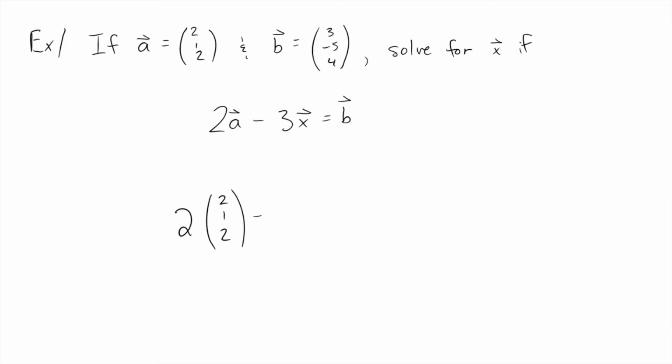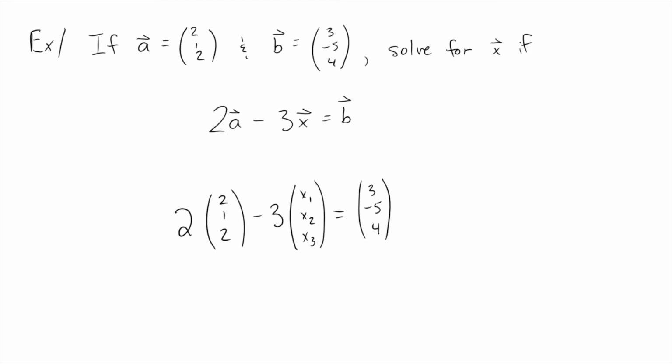And I'm subtracting 3 times my vector x. Now I don't know the components of x right now, so I'm just going to call them x1, x2, and x3 for the x component, the y component, the z component. And all of that's equal to 3, -5, 4. That's my vector b. So what I can actually do here is, using scalar multiplication, multiply that number in to each of the components.